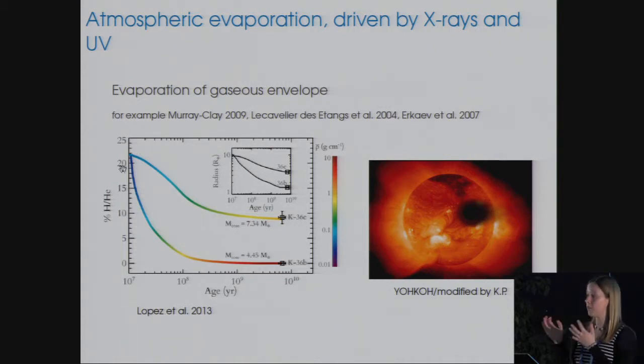And depending on the orbital distance to your host star, you can basically evaporate such a mini-Neptune down to a rocky core, whereas when you are at a larger separation from the host star, you lose quite some of the envelope, but not all of it. And this might explain several systems that have been observed by Kepler, where we have mass estimates and where we have a high-density planet in a very tight orbit around the host star and a lower-density exoplanet at a somewhat larger orbital separation.